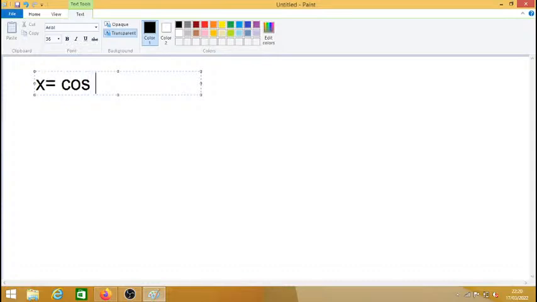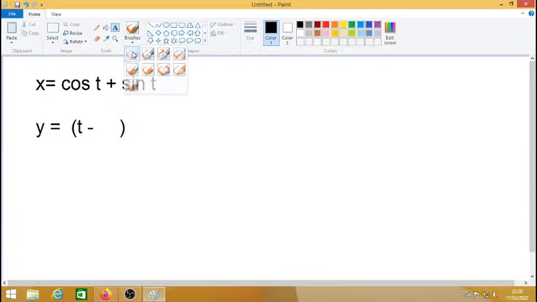The equations are x equals cos t plus sine t, and y is equal to t minus pi over 6 all squared.